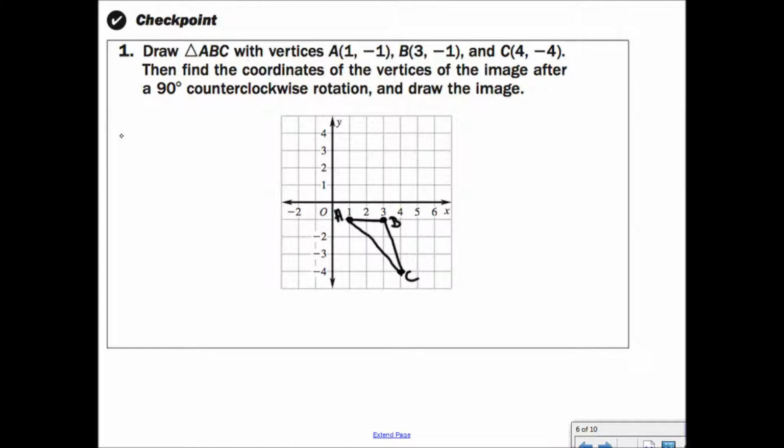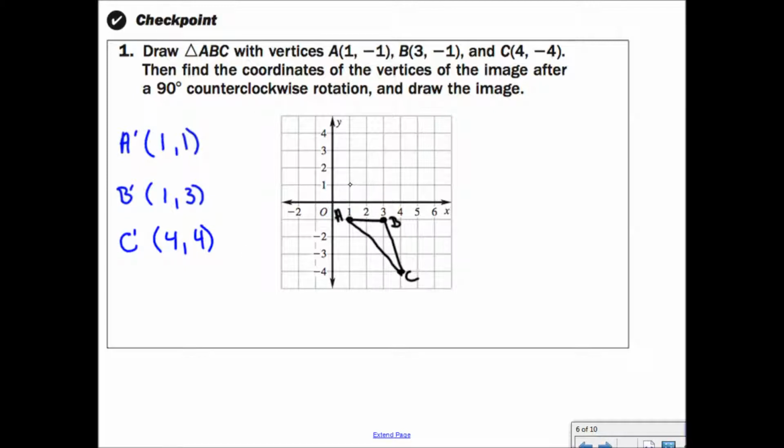Then we need to find our new points. A prime will be at, flip-flop them and multiply the x coordinate now by a negative. So instead of having negative 1, 1, we will have 1, 1. B prime will be at 1, 3, and C prime will be at 4, 4.